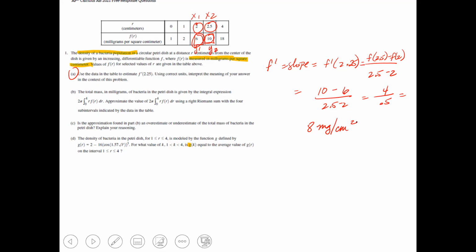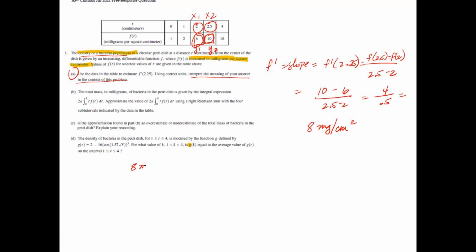So at the same time, it's asking you to interpret the meaning of your answer in the context of this problem. What you can say is, the question itself is asking about the density of the bacteria population.